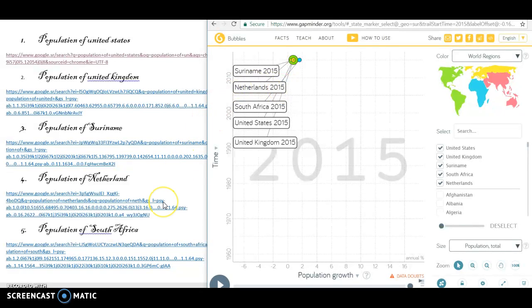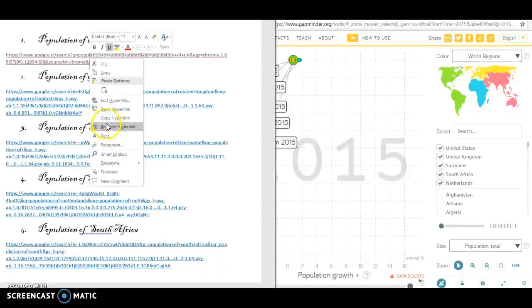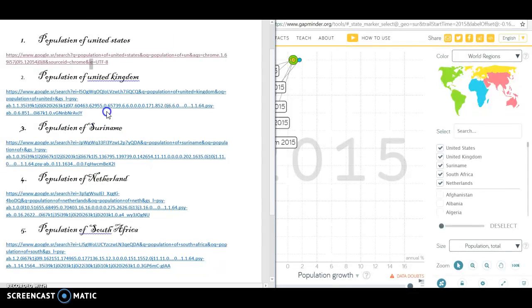But what I want to show and talk about is the population growth. I chose these 5 countries, but I want to show you the population growth in the United States. I will open the link.